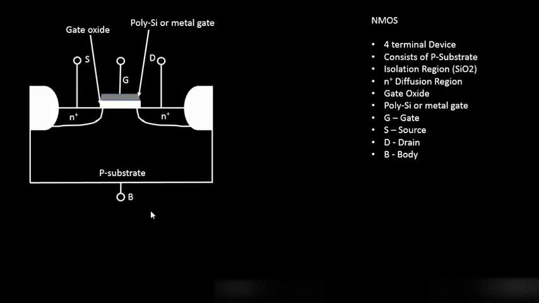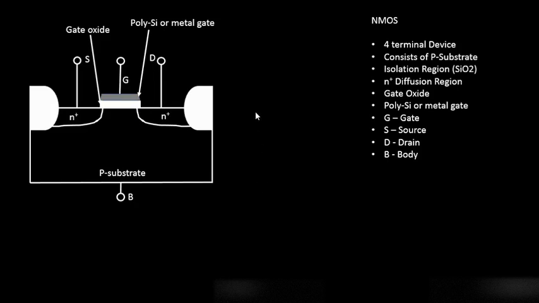But in a nutshell, this is a very important terminal that has to be taken care of while designing any kind of circuit. Usually it's grounded. When we move into circuits, we'll see that this terminal is usually grounded, but any potential which is applied on this terminal tunes the threshold voltage, and we'll see how it actually does that.